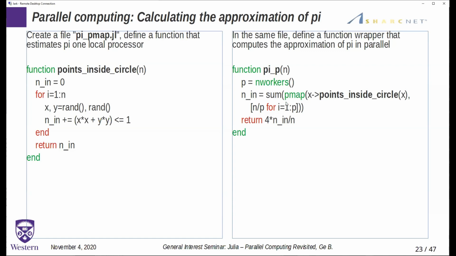And Pmap will return the result. And then locally, we just run the sum and get the number of points. So that's just another way to execute the procedure remotely and get the results back.